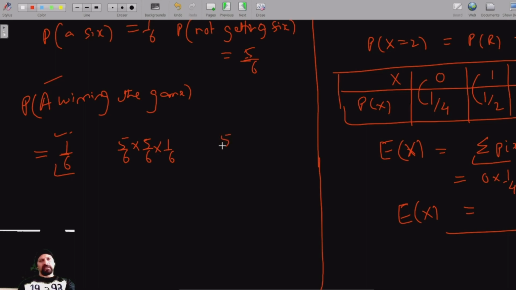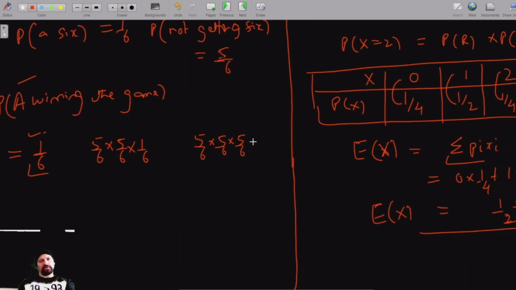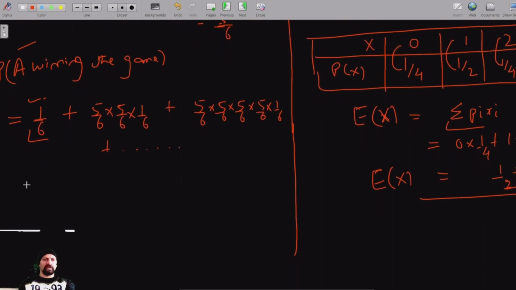Similarly, A doesn't win, B doesn't win, and then A wins the game. So this goes on like this. So this is 1 by 6, plus (5 by 6) whole squared into 1 by 6, plus (5 by 6) raised to the power 4 into 1 by 6, and this goes on till infinity.